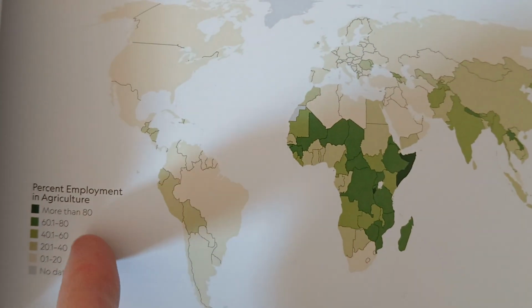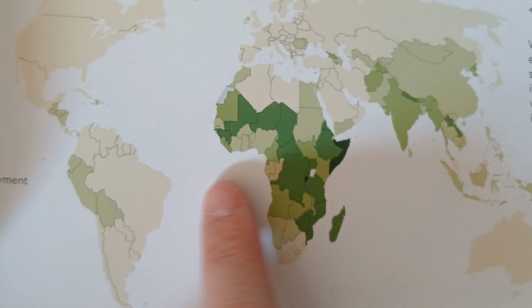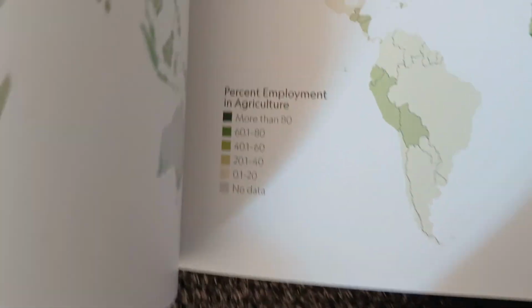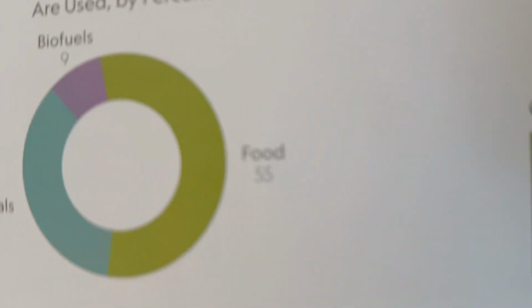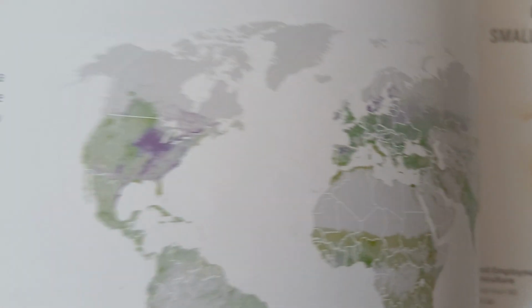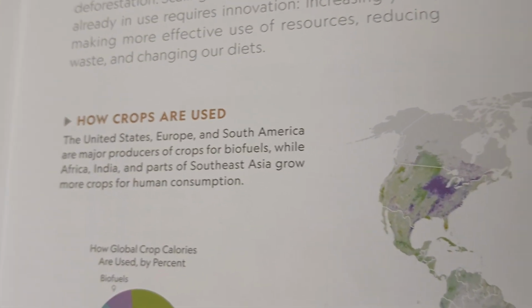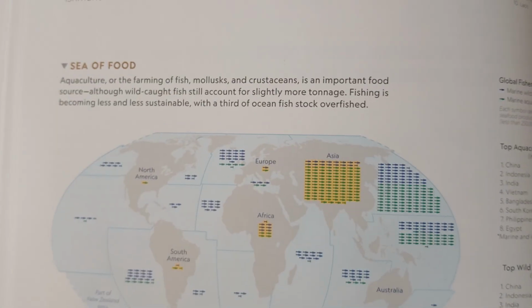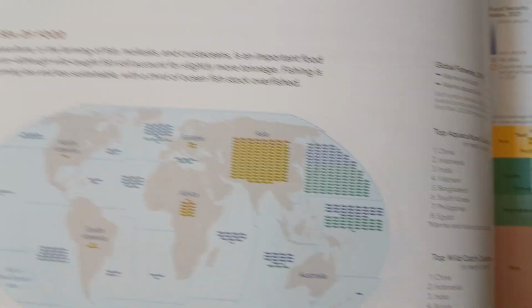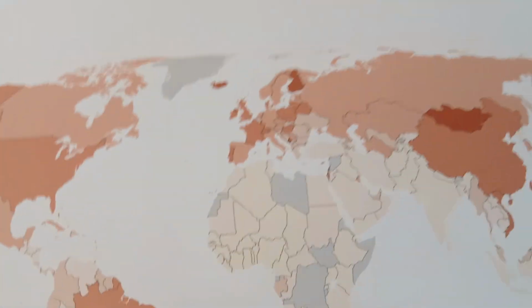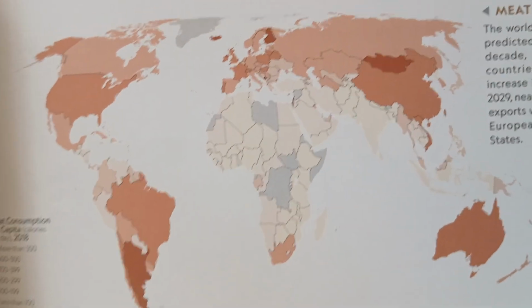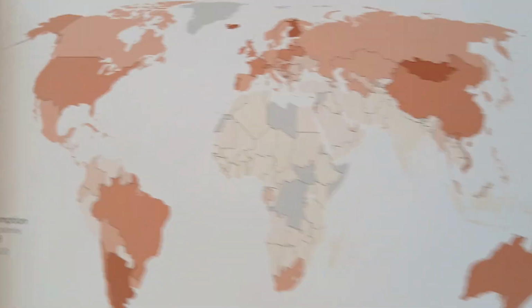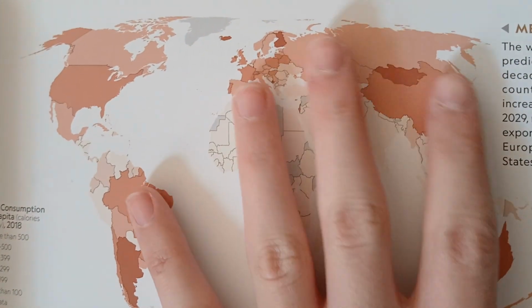The darker places are where more people have jobs in agriculture. And this is how crops are used. And this is food. This is fish. This is all the meat consumption in the world. Then there's Mongolia.